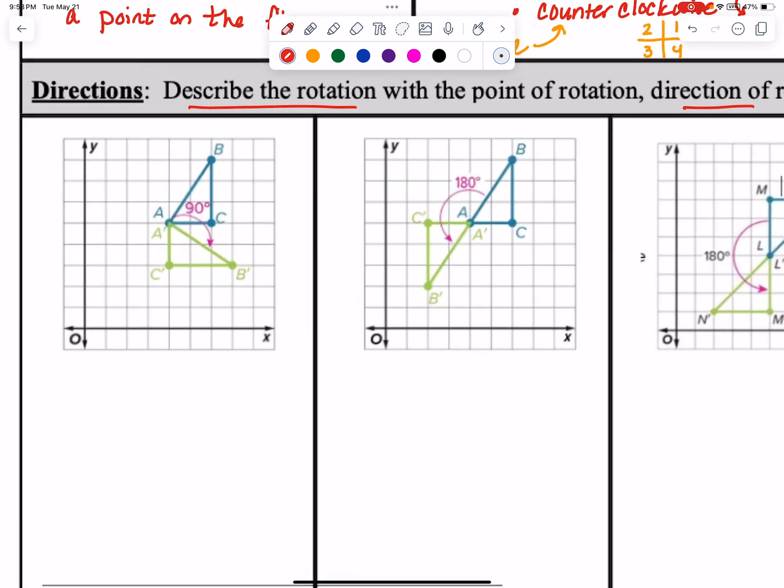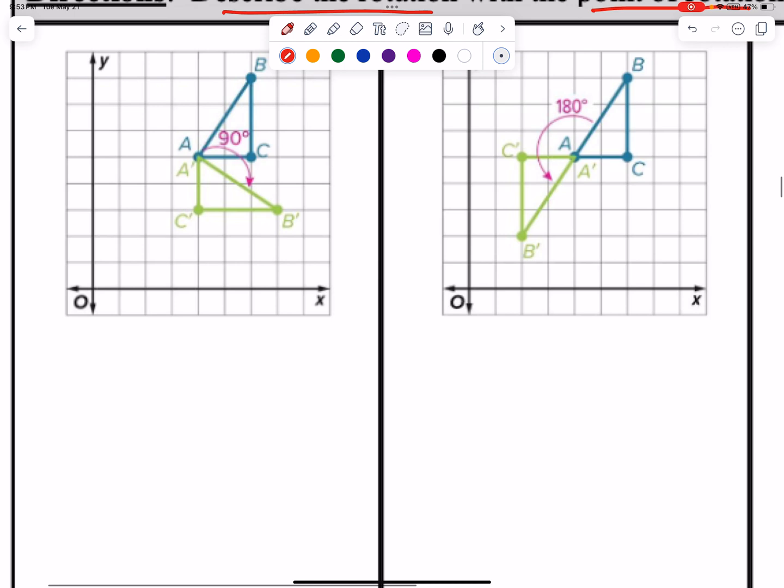First one, describe the rotation. Okay, meaning what is the point that we're using. Okay, and so first thing we're going to say is this is a rotation around, and then you just say either the origin or what it actually is.